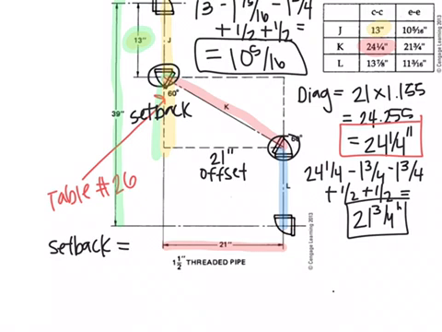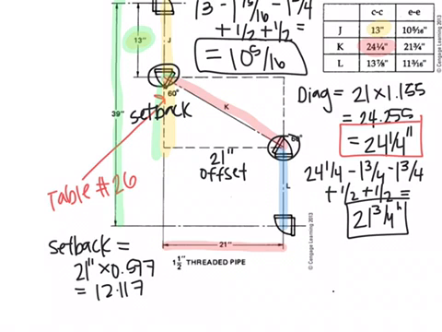you are going to take your offset, which is 21 inches, and the constant you are multiplying by is 0.577, and that's going to equal, let's see, 21 multiplied by 0.577 is about 12.117.